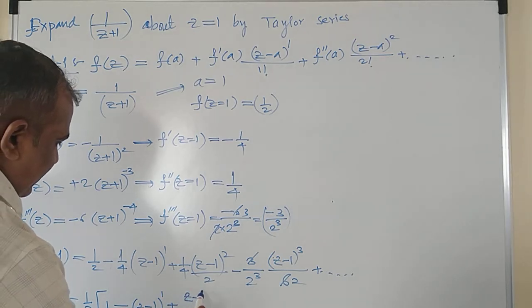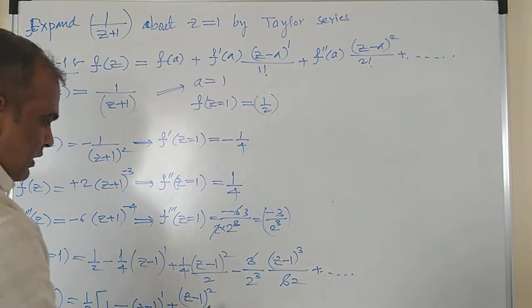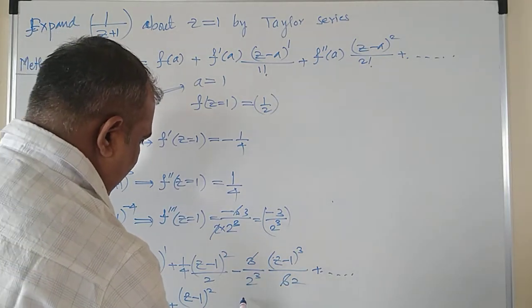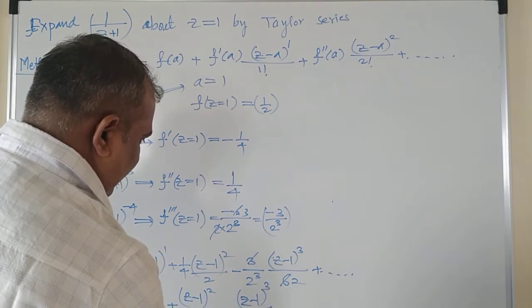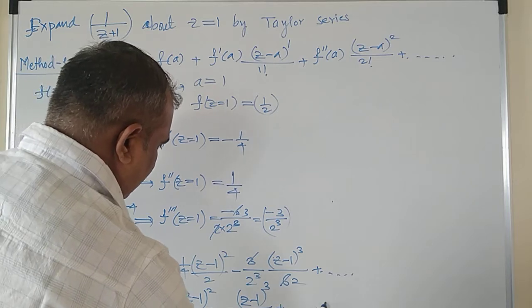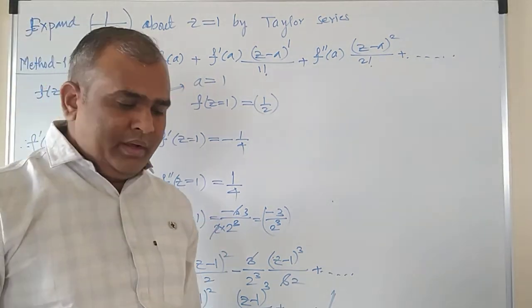Here you will get z minus 1 bracket square by 4. This 1 half is out now, and you will be having z minus 1 cube divided by 2 cube plus dot dot dot. This is the answer, right, by first method. Now how to solve the same thing by second method?